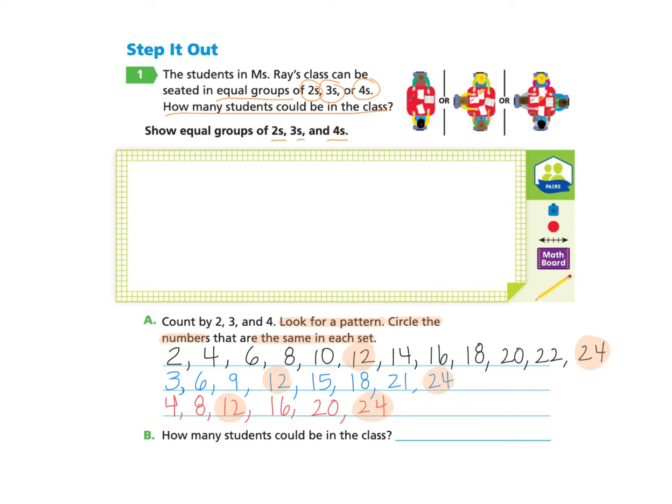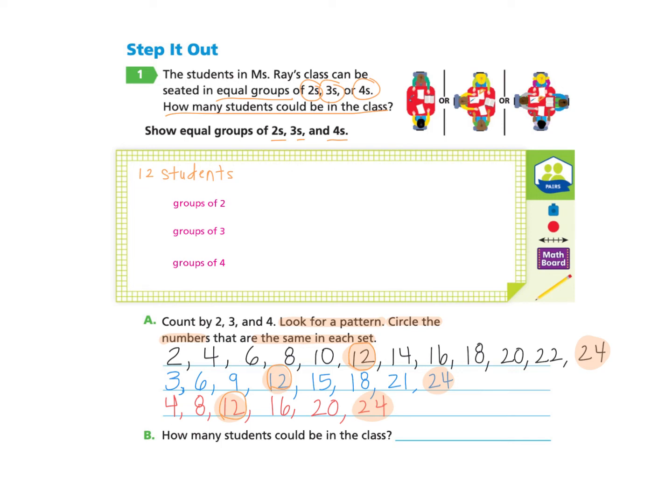We will now demonstrate the 12 students in groups of 2s, 3s, and 4s. So we'll do that up here, make a visual demonstration for each group. If you want to pause and go ahead and draw this out, you may, and then come back or just follow along. We'll be making groups of 2, groups of 3, and groups of 4.